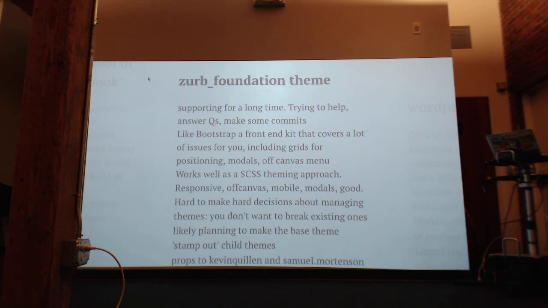And you don't know when you're maintaining the parent theme how people have changed the child themes. So that's made it hard to decide certain things about what you should do as ZURB Foundation in terms of maintaining it. So it's an interesting puzzle, and I don't think it's quite the same as the challenge that module maintainers have. I just wanted to throw that out there: how can we make it the best way to maintain themes?